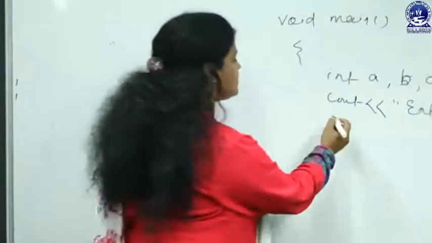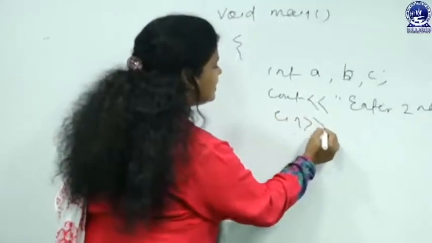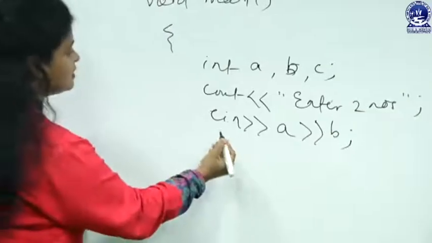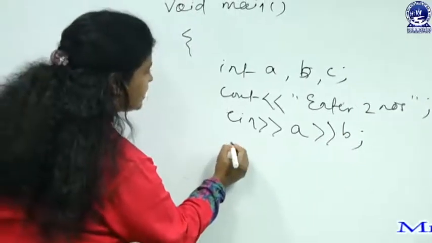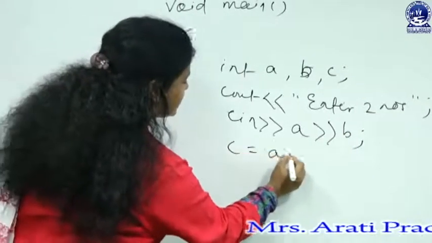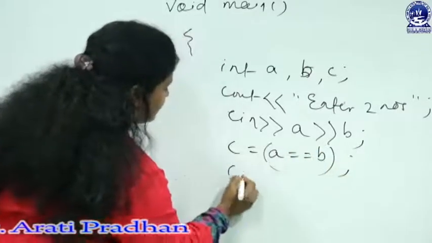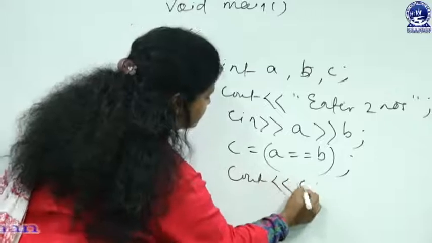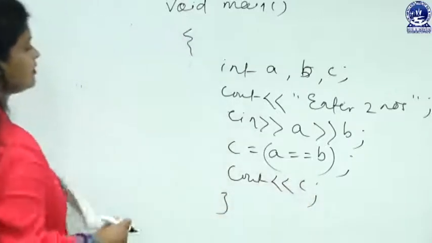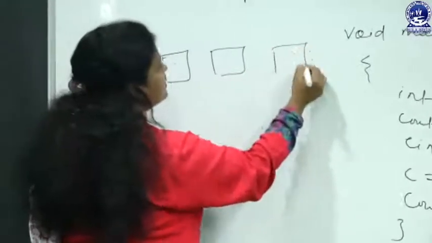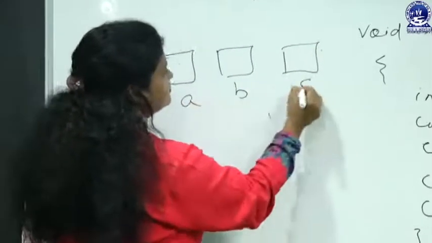Here also I am changing the coding a little bit, because here all are binary operators and all are doing comparison. C equal to A equal equal B, then cout C. Okay. Here also A, B, C, 3 different memory locations.